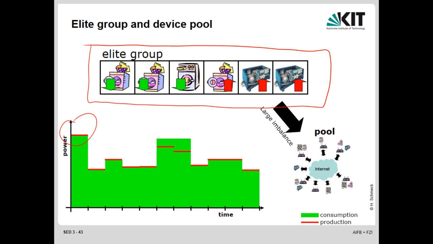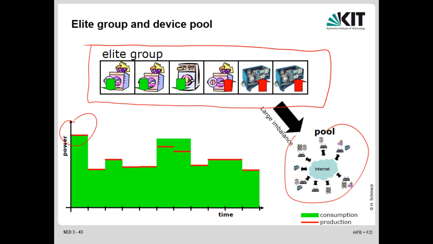But what you have seen here is that in the elite group, the elements can respond directly to a deviation, at least to smaller deviations, and only what they cannot even out themselves has to be taken care of by the pool. And certainly if they stop running as members of the elite group, they lose their elite property, and they will have to run at a later time again.